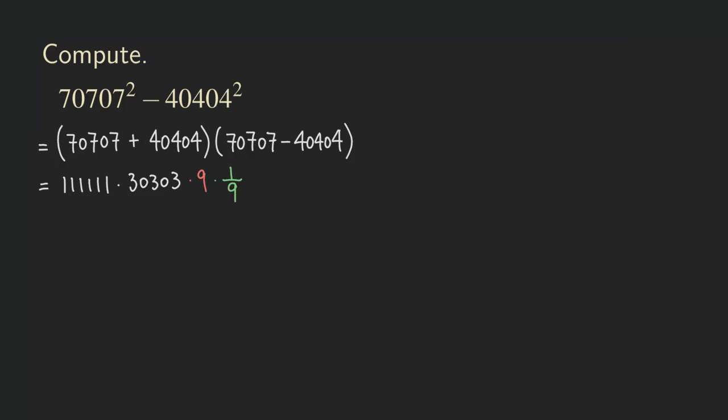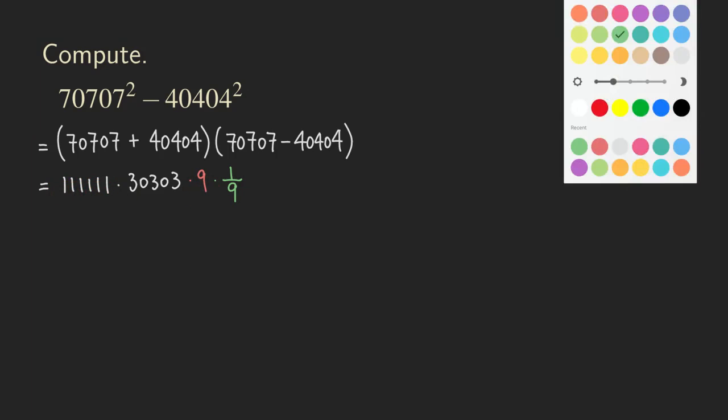We are basically multiplying by 1 here, so we still have our original value. We are going to take this 1 1 1 1 1 1. Wait, how many ones are there? 1, 2, 3, 4, 5, 6, right? We multiply this number by this 9, then we are going to get what?